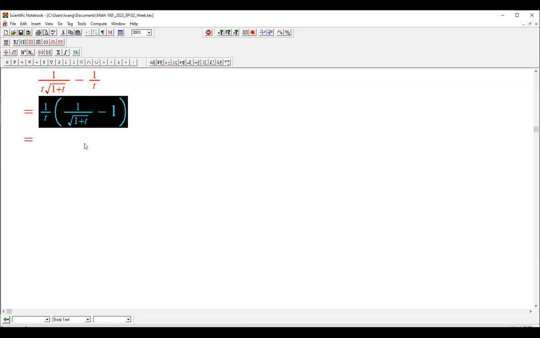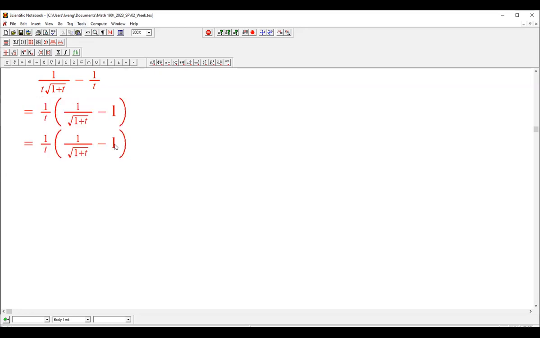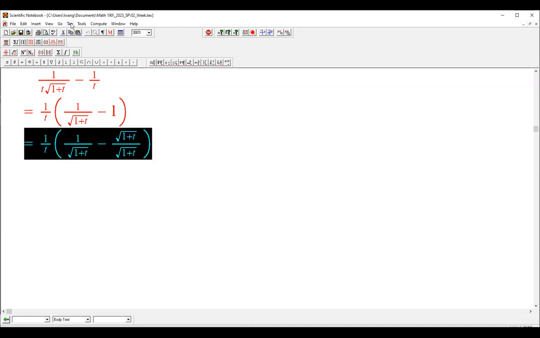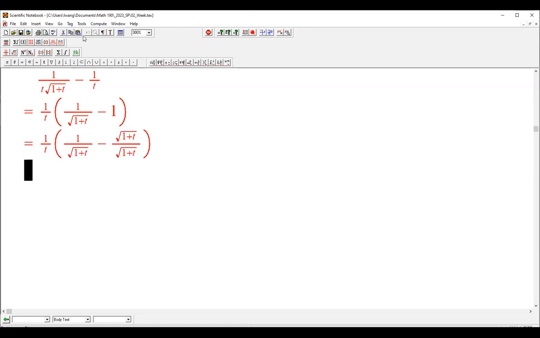So we make the common denominator, take the numerator, and subtract the other one. So this is going to become 1 minus.